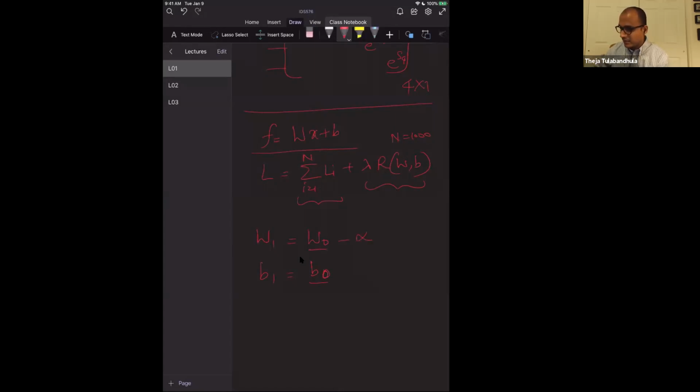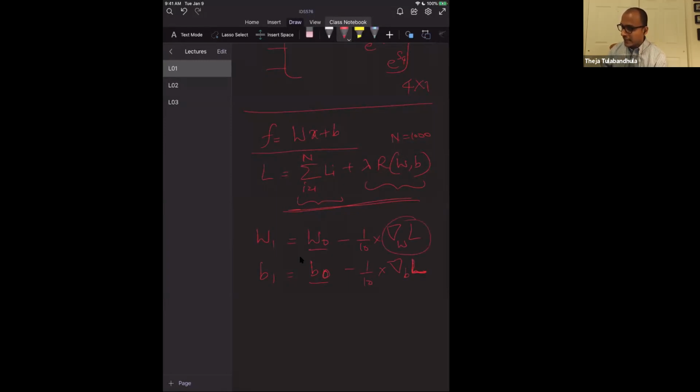Let's say, instead of alpha, minus 1 by 10, some number, times this gradient of L. L is exactly defined this way, right? The gradient of L with respect to W and the gradient of L with respect to B. So this is what I want to do.